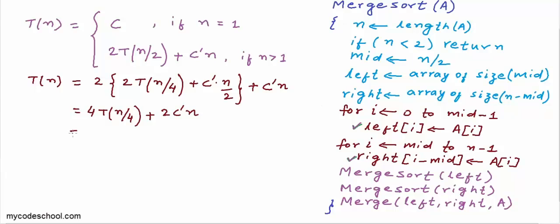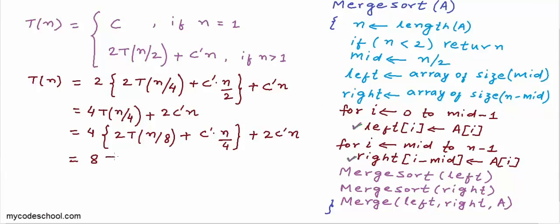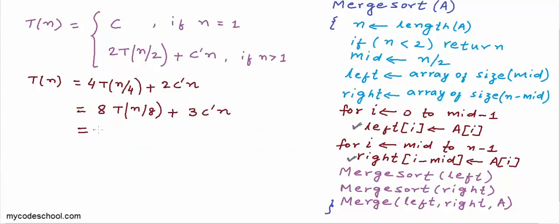Once again, T(n/4) can be written as 2T(n/8) plus c dash into n by 4, and we will have this 2c dash n outside, and this will evaluate to 8T(n/8) plus 3c dash n. And we can go on reducing like this. We can write this as 16T(n/16) plus 4c dash n.